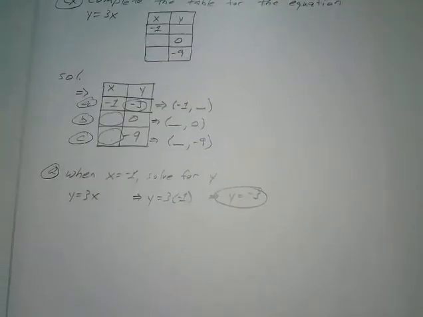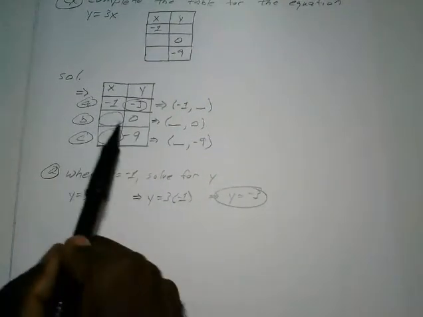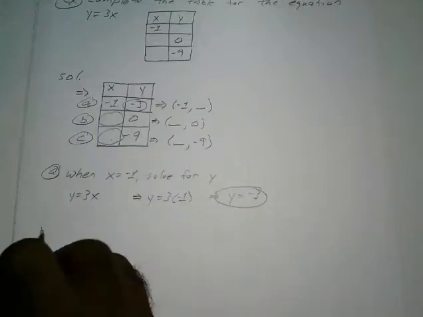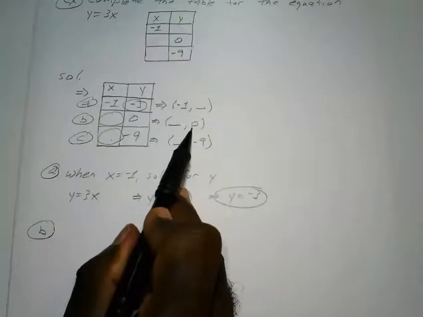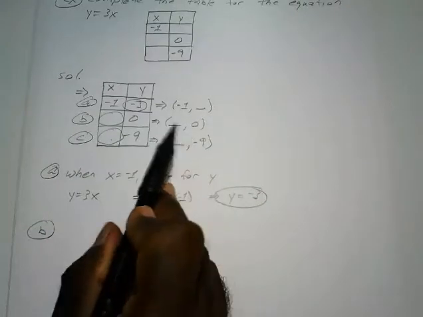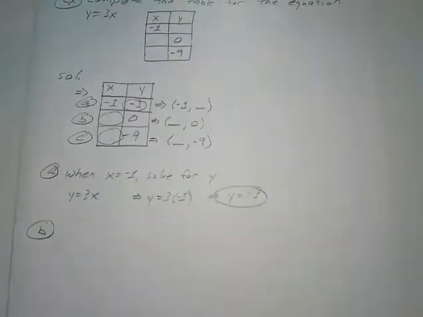All right, so let's go up to what we call B. So this one's basically telling you when y is equal to 0, solve for x.